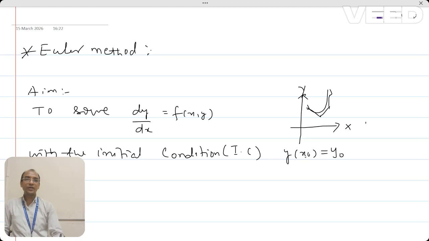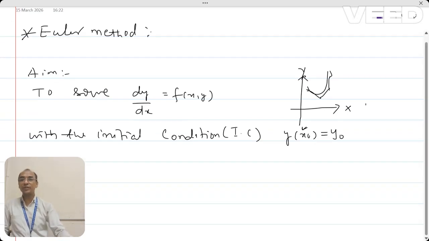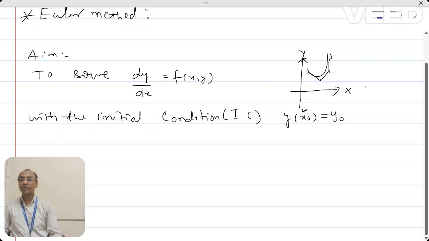So y of x0 is equal to y0. Whatever value will be here we will consider y0, and the corresponding value of y at that point will be y0.